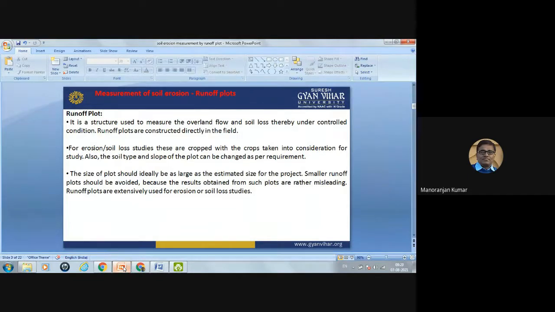Smaller runoff plots should be avoided because the results obtained from this type of plots are rather misleading. They will not give the correct data of the soil erosion or soil loss. Runoff plots are extensively used for erosion or soil loss studies.